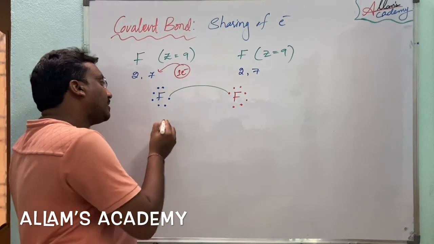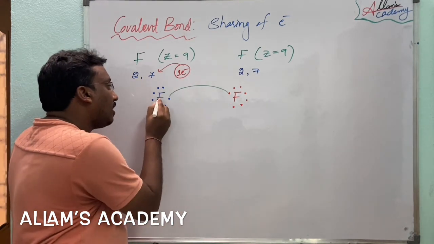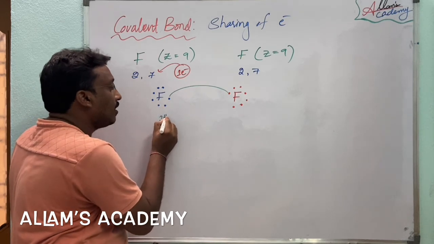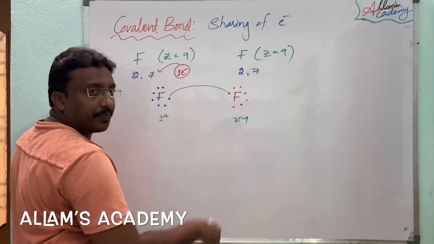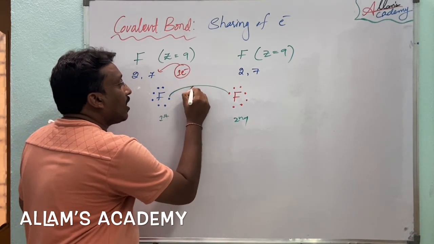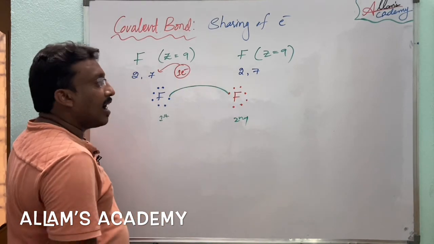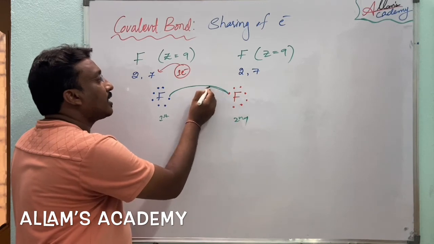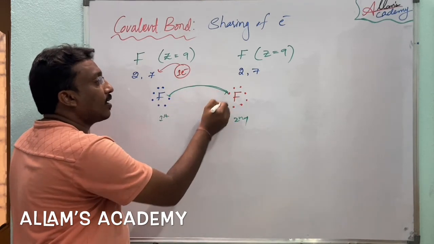Let this be the first fluorine and this the second fluorine. The first fluorine can give 1 electron to share, and the second fluorine is also ready to share 1 electron.